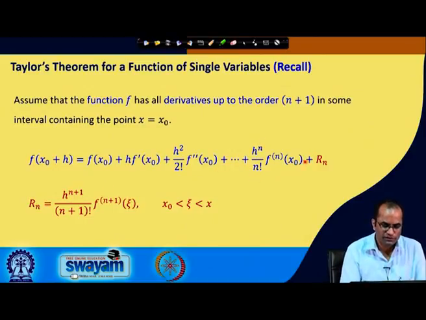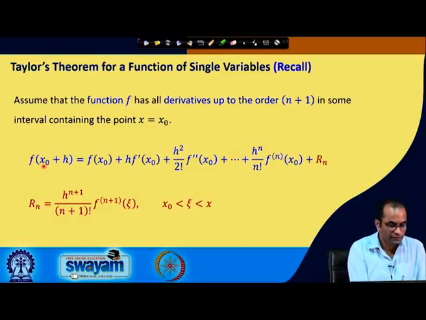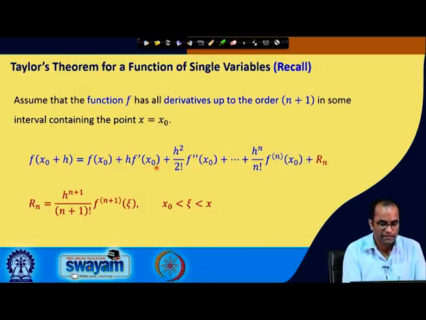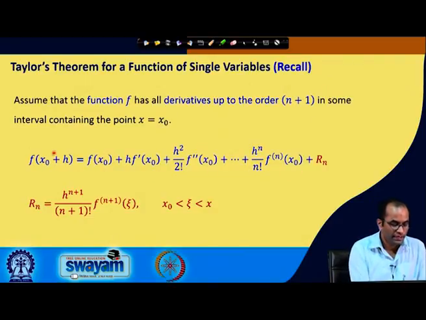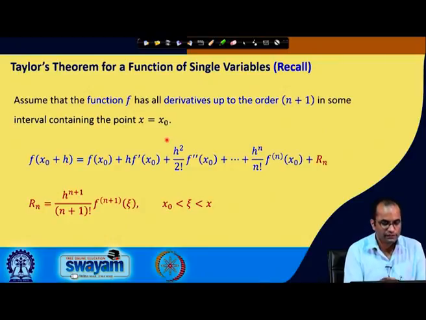So, it is a continuation again: h power n plus 1 over n plus 1 factorial, and then we have the n plus 1 derivative at some point xi, which lies between these 2 points. So, x 0, where we have expanded this around, and the point which we are considering here, x 0 plus h, or x, the point in the neighborhood of this x 0.